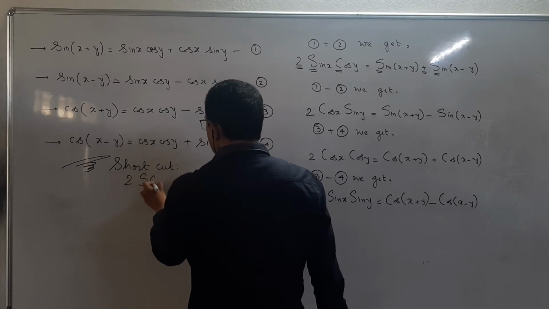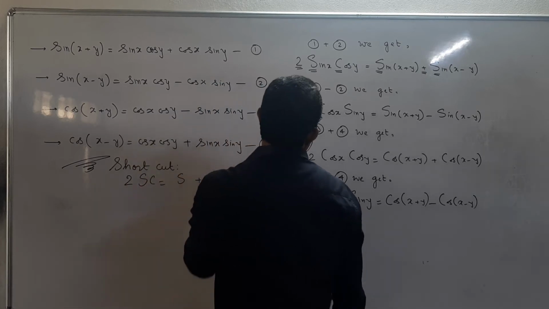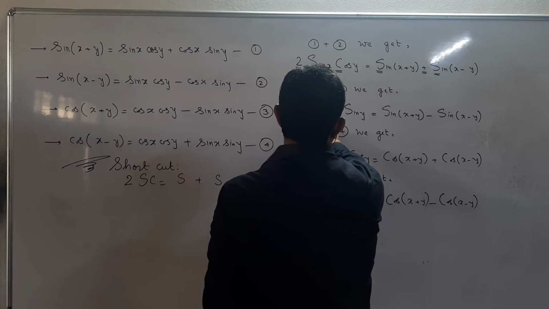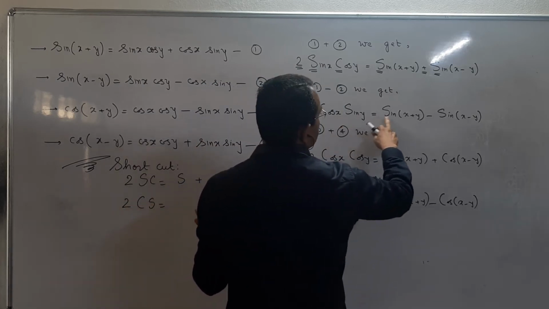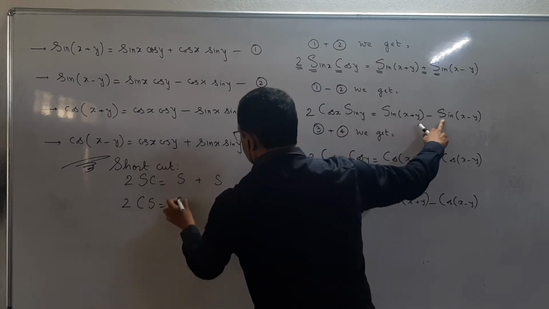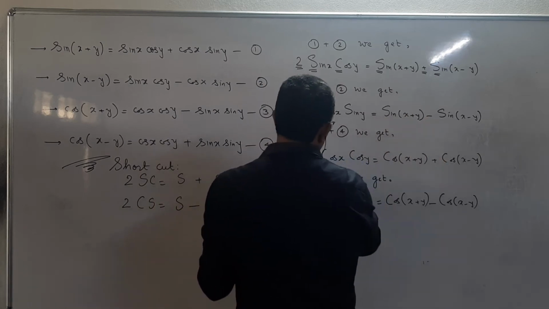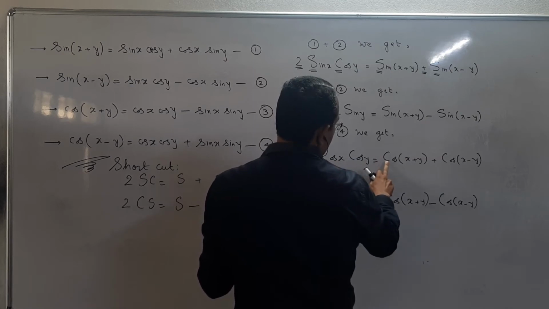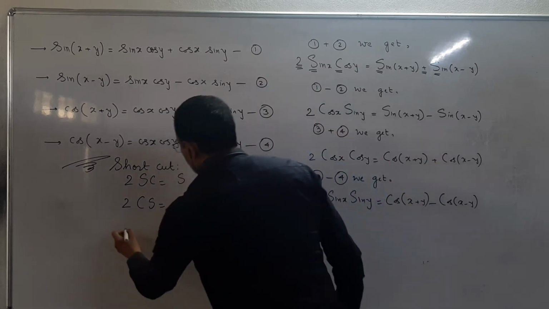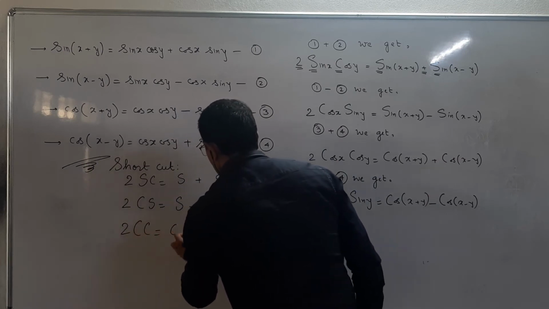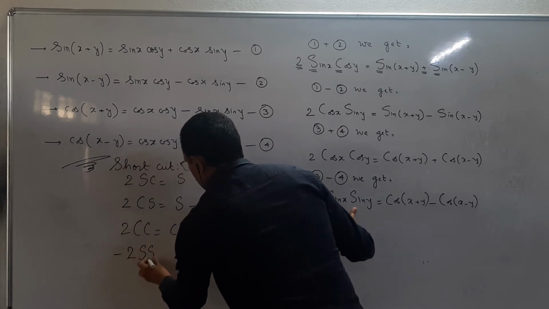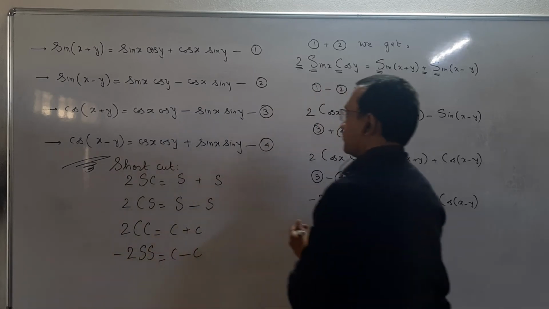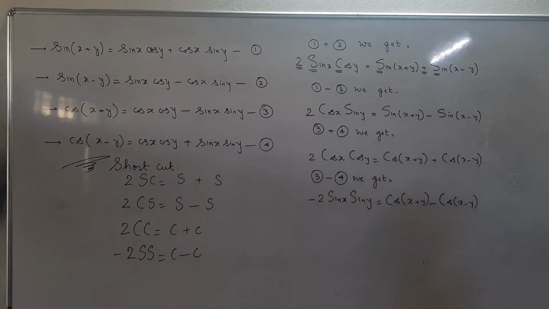Then 2 CS is equal to S minus S. 2 CC is equal to C plus C. And last, minus 2 SS is equal to C minus C. These shortcuts, students, we have to memorize.